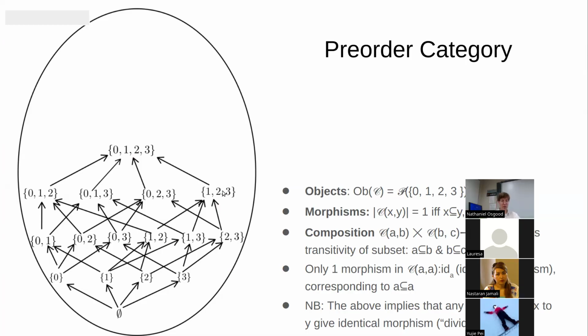Yeah, is 2, 3 a subset of 1, 2, 3? So what is composition here? Right. So do you remember the term I used?